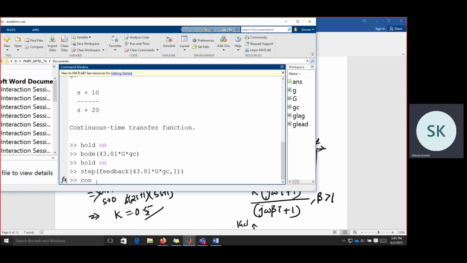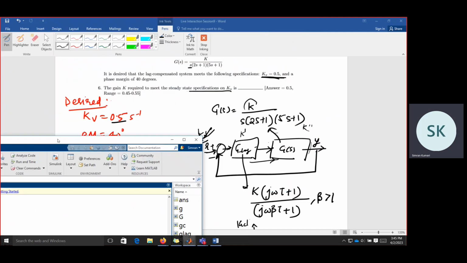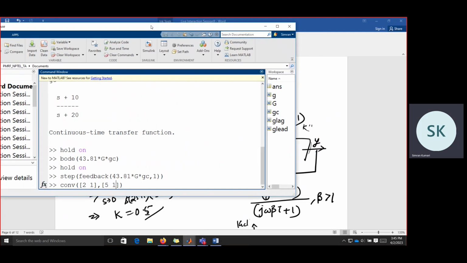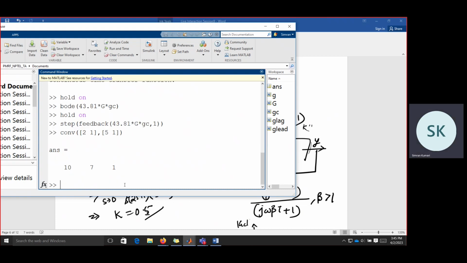This will be the convolution of 2s plus 1, then 5s plus 1. These are two terms, and apart from this, there is this integrator. So let us first find this. So this is the answer, and now we'll again convolve this with the integrator.